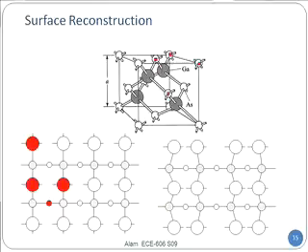I'm not going into the details of this, but as a result, the surface of gallium arsenide or silicon is significantly more complicated than the bulk of the volume. But the surface is very important, I told you, and we will get back to that later in the course.